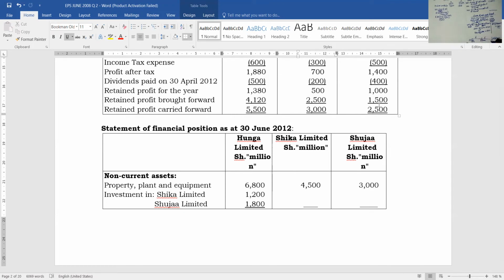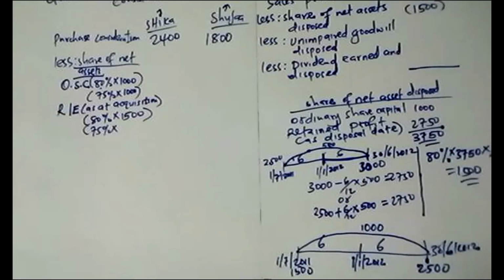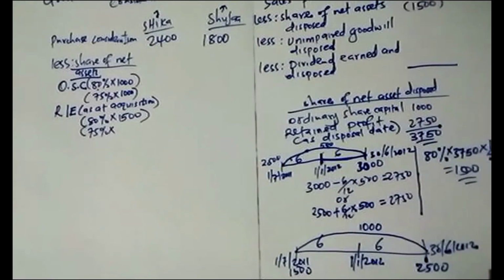Carried forward is 2,500. And the profit for the year is 1,000. That is profit after tax. This 1,000 is for the year. So that is what I've recorded down there. So the 1,500 brought forward, 2,500, then 1,000 for the year.